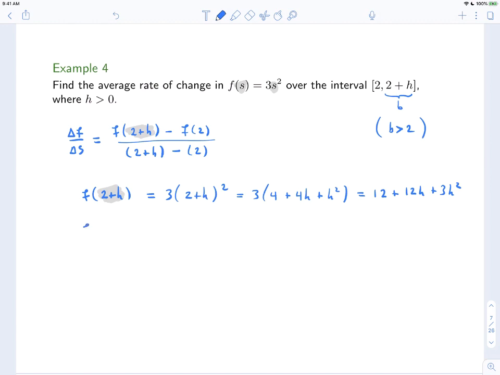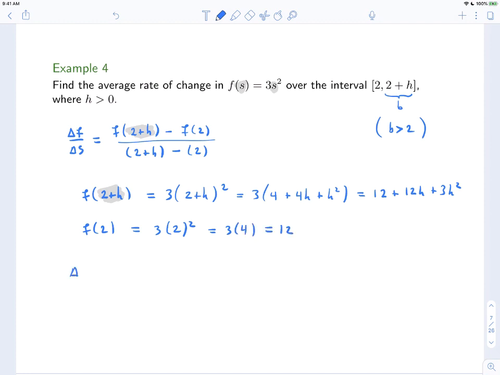The next one we want to compute is f of 2. So any place that there's an s, we just replace it with a 2. So that just becomes 3 times 2 quantity squared. Well, that's 3 times 4, which is 12.